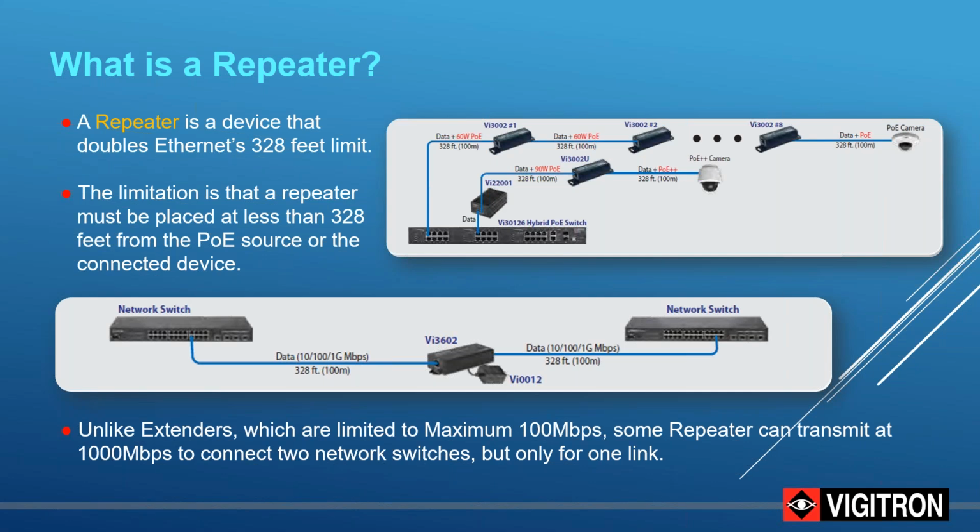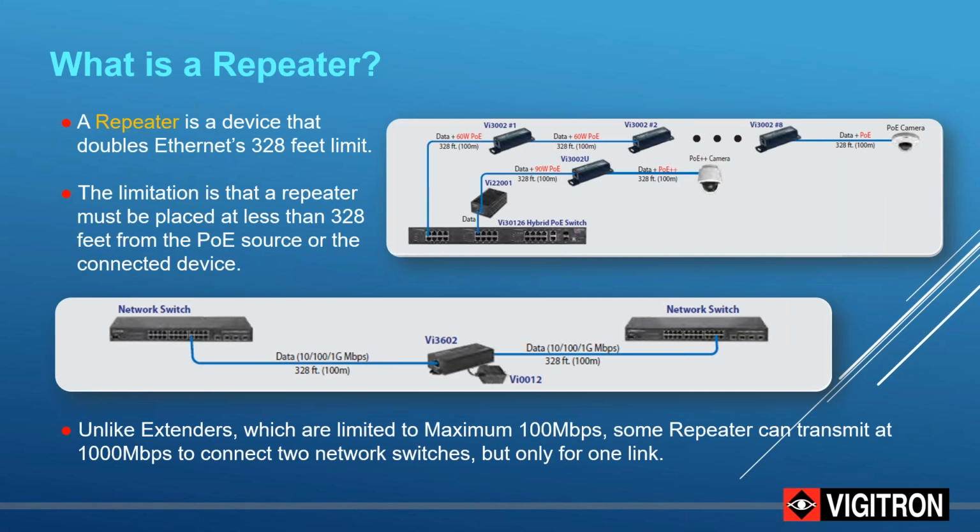One other advantage that a repeater has over an extender: all this time when we've been talking about extenders, we've touched on the subject of bandwidth. Well, extenders are limited to 100 Mbps. And the reason for that is because of the limitations of the cable itself and the interaction. So let's say we have an application, as shown here, between 2 network switches, where we want to extend the uplink and maintain 1G.